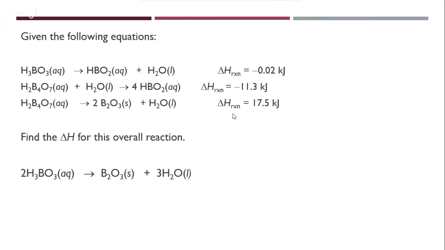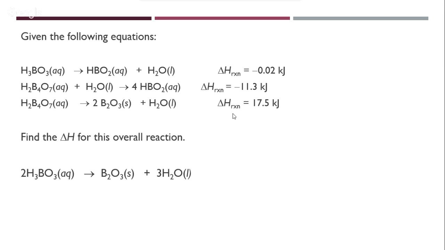Now let's look at one more example where we are trying to use Hess's law and solve. This is a more general example. So far, we have only seen combustion or formation energies. Here we are taking H3BO3, which is nothing but boric acid. It dissociates into HBO2 plus H2O. And H2B4O7 with water gives 4HBO2.